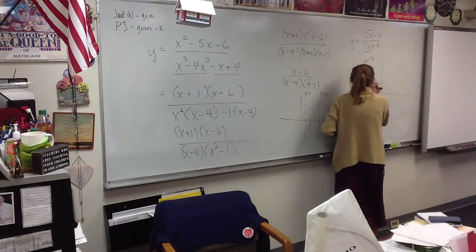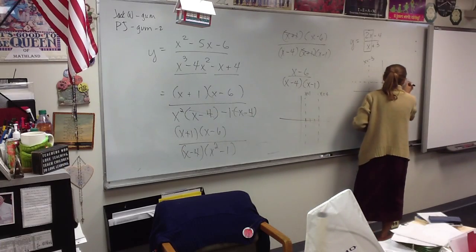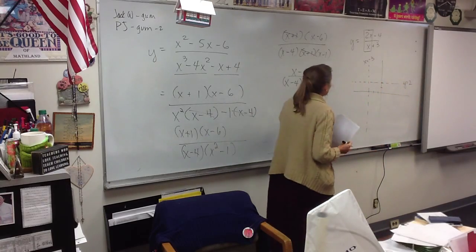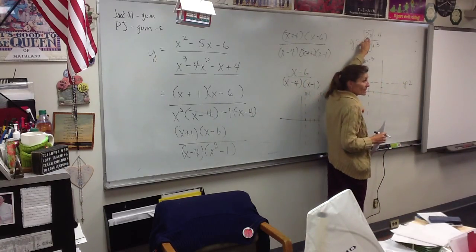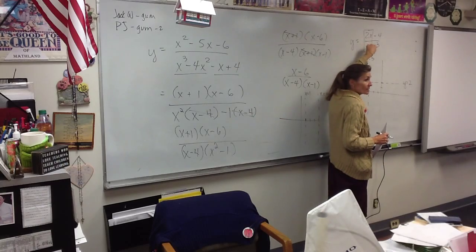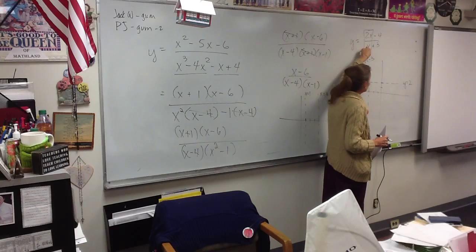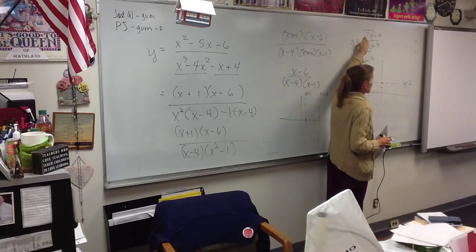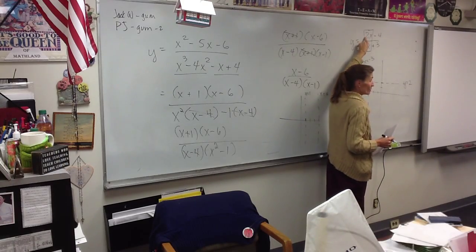So my horizontal asymptote is where y equals 2. We're going to do some more, but it comes right here, the x's. 2x over 1x. Compare the x's in the numerator and the denominator.